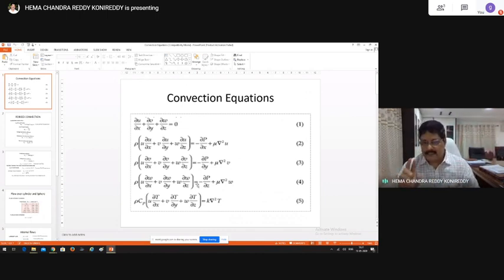So basically, drag is the forward resistance offered for the forward motion due to the friction of the fluid particles. And lift is created by the design such that pressure differential causes the resultant force acting upwards so that it is lifted.